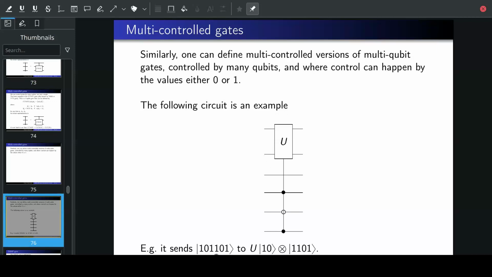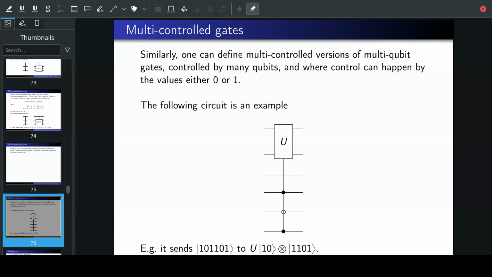Why? Because these last 3 bits, 0, 1, 0, 1, correspond exactly to those depictions, right? And since they correspond, we apply this action U on the first 2 qubits here, and this remains the same as here.